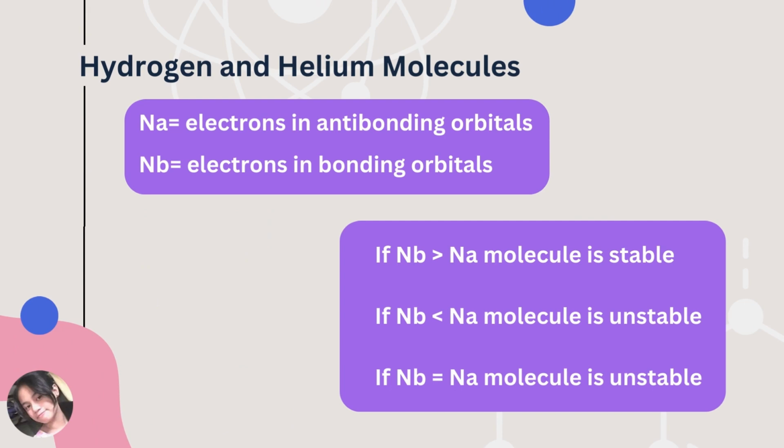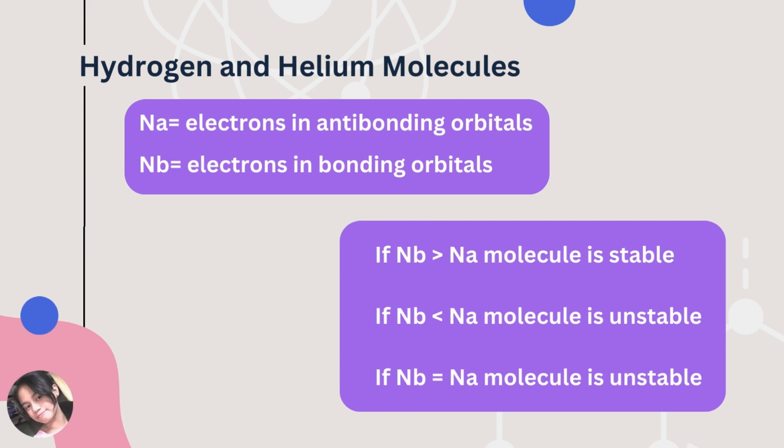So now, what does it mean if there are electrons in the antibonding orbitals and in the bonding orbitals? So let Na be the number of electrons in antibonding orbitals and Nb be the number of electrons in bonding orbitals. If the number of electrons in bonding orbitals is greater than the number of electrons in antibonding orbitals, it means it is stable.